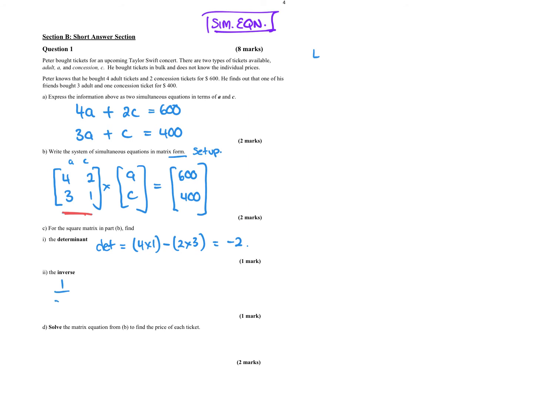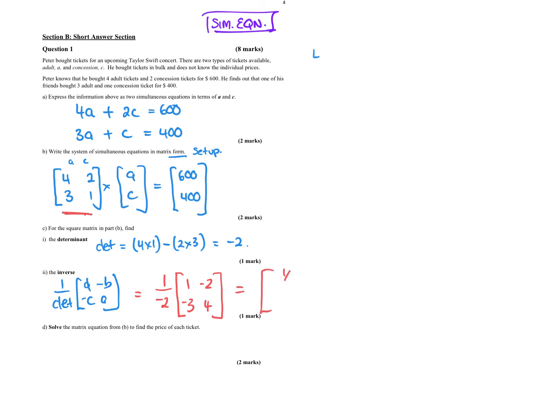So remember, the inverse is 1 over det. Then you swap them and you make them negative. So if I go to write the answer, I'll have 1 over negative 2, and then I'll swap those numbers and I'll make these negative. And then I might keep going and just show that I know.